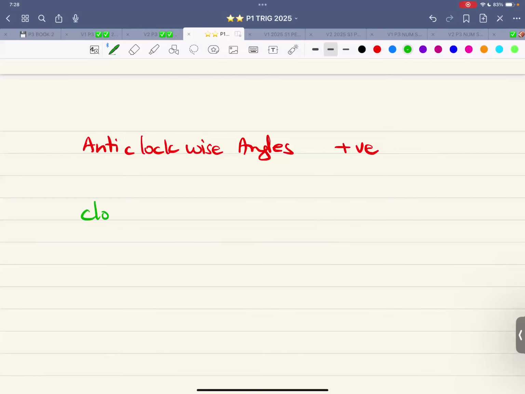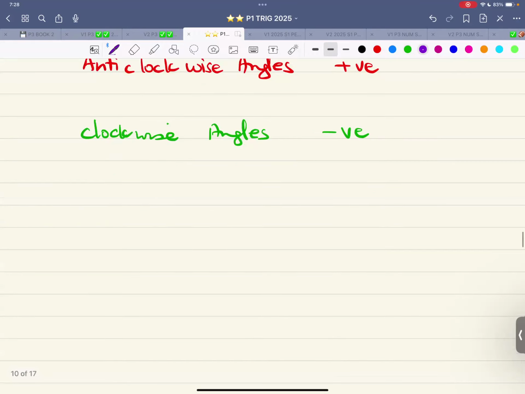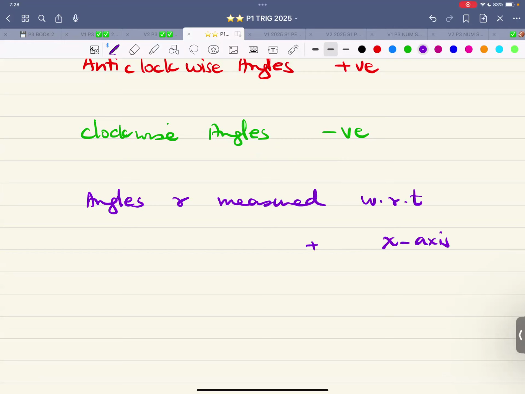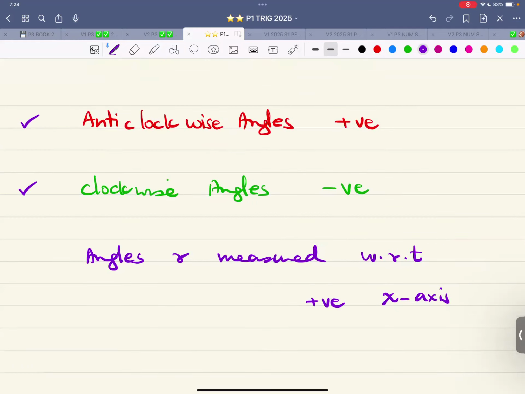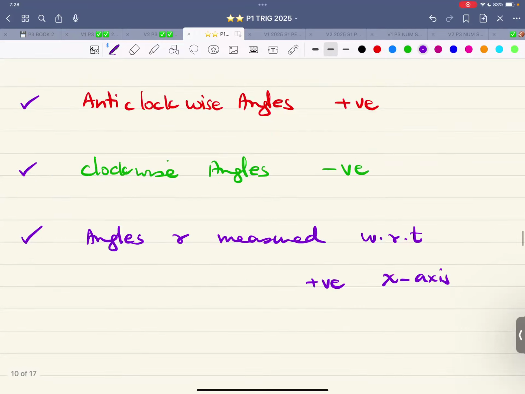Therefore, clockwise angles in trigonometry are considered negative. Angles are measured with respect to the x-axis, and that is the positive x-axis. These are the three ground rules that you should worry about.